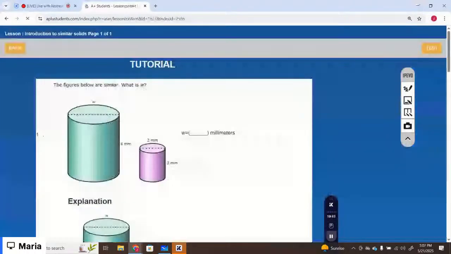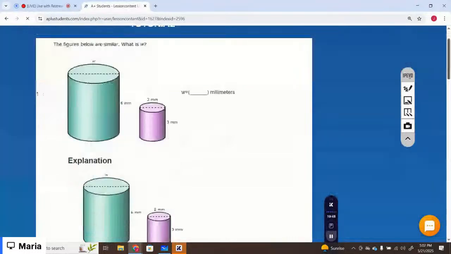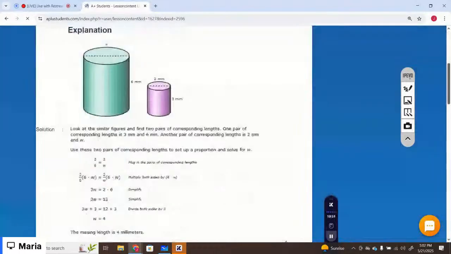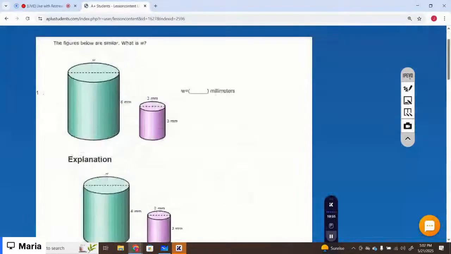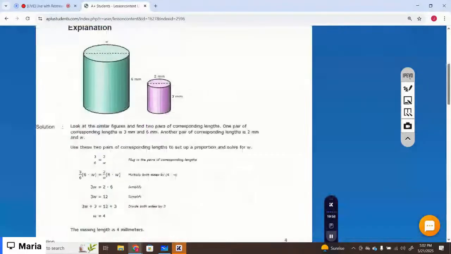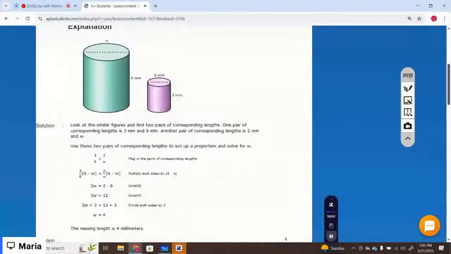The figures below are similar. What is W? We are given the two cylinders, they are similar, and we need to find their missing side. So basically we have to find the missing value from the similar figures.